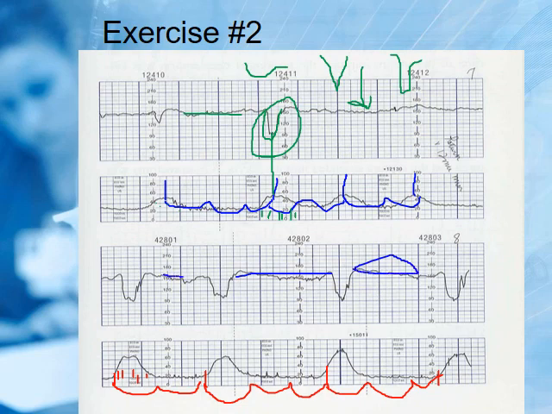This here, over here, looks better. Then baseline changes. What's going on? Whooping up. So what goes whooping up? Down, fast, up. Those are those variables, remember. Variable decels. Okay? Did you get that? If not, go back and review.